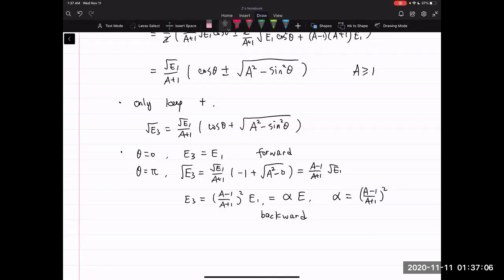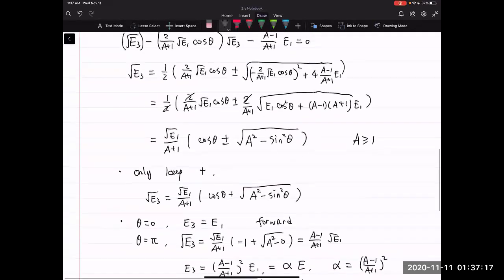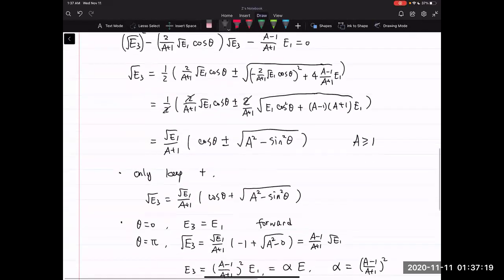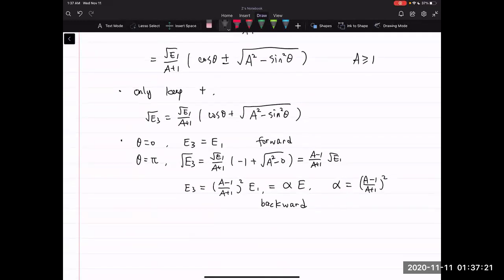The reason that we consider this elastic scattering process is that it's very simple. We can make the approximation that Q is equal to 0, and the final result is simple. Also, elastic scattering is the primary mechanism by which neutrons lose energy in a reactor.